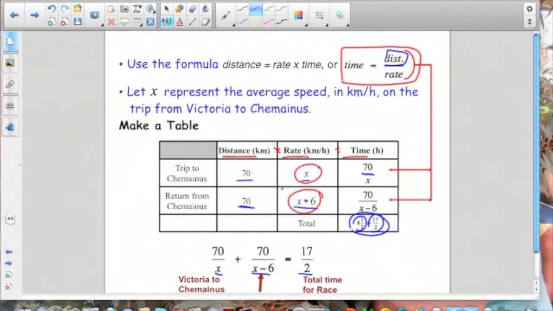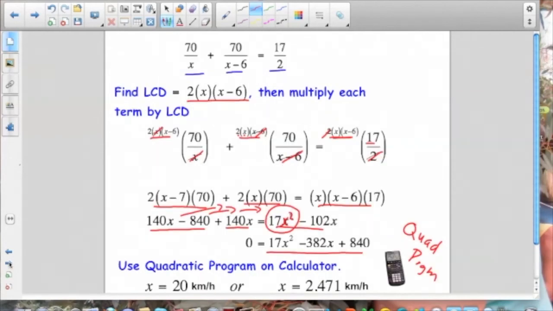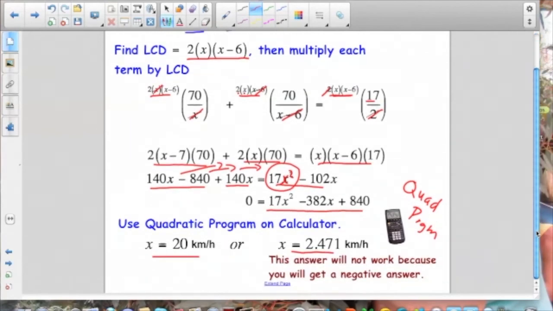If we had that 2 point whatever it was, we'd get a negative answer. So that one we just discard, we throw out, because you can't have a negative speed. So our answer is 20 kilometers per hour.